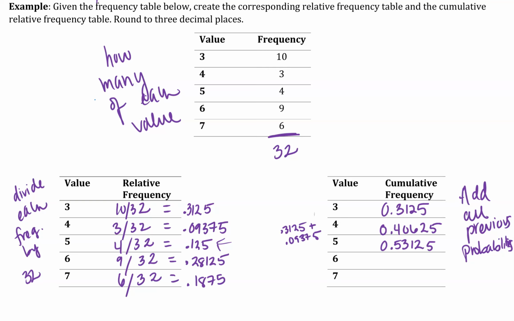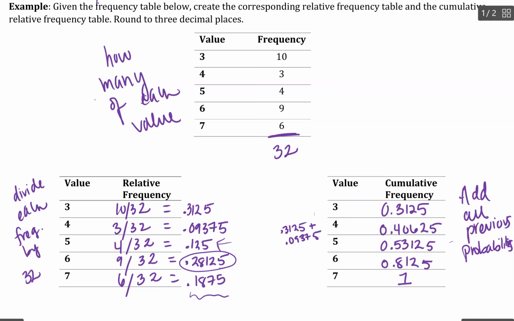Okay, now we want to take this and add on the relative frequency for the probability of 6. Okay, so we get 0.8125. And then finally, we add this last probability. And what do you think is going to happen? What should be our last probability in this cumulative frequency table?